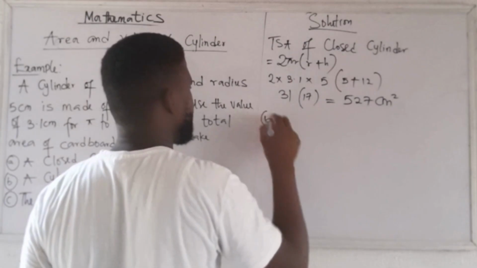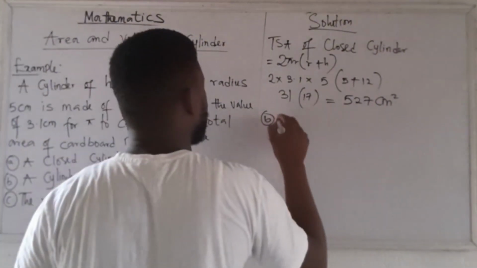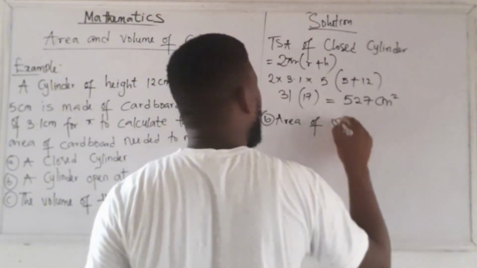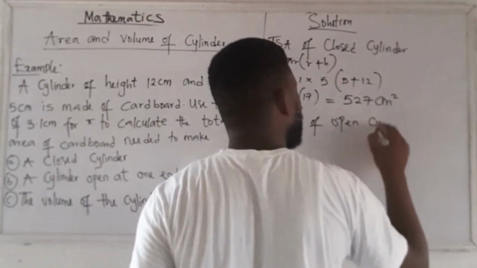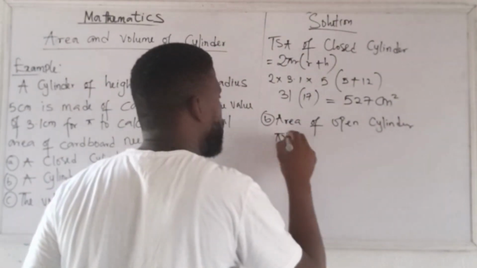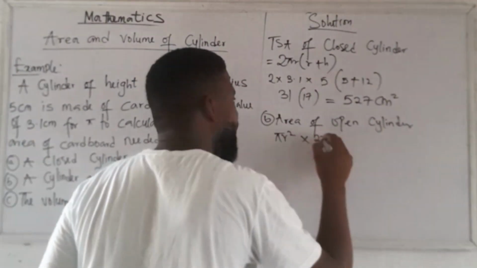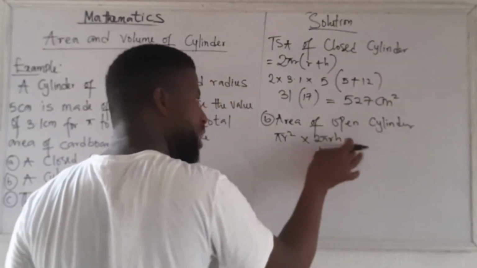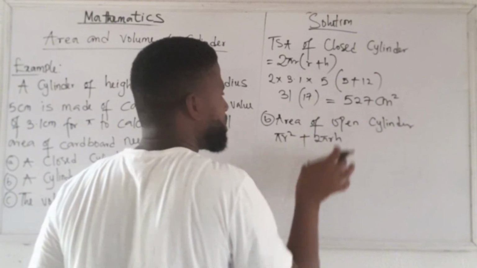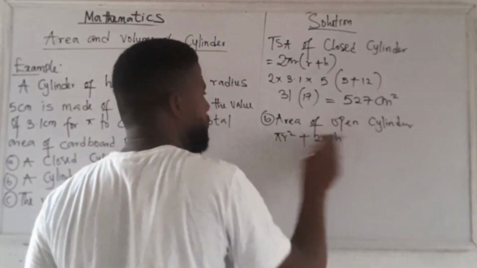Right? So B, the area of an open cylinder will be the area of one circle, pi r squared, plus the area of the curved surface, 2 pi r h.